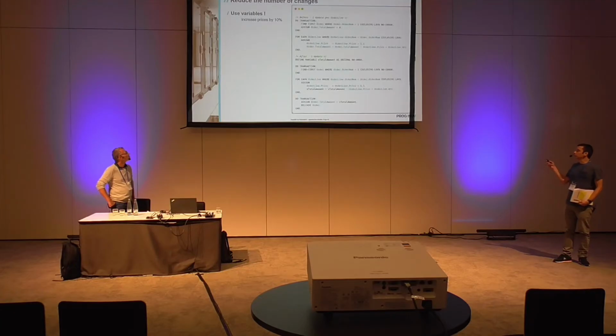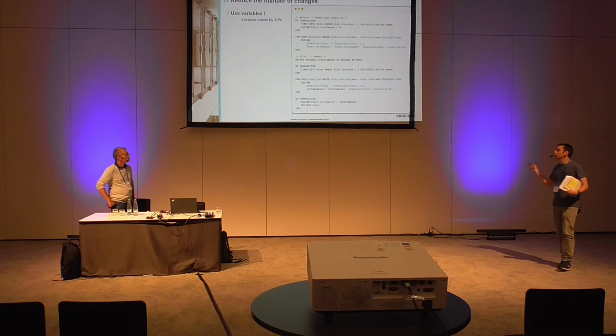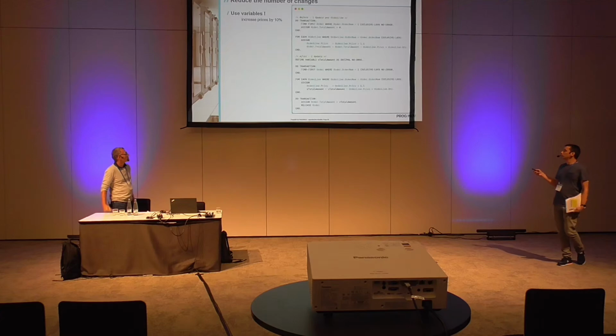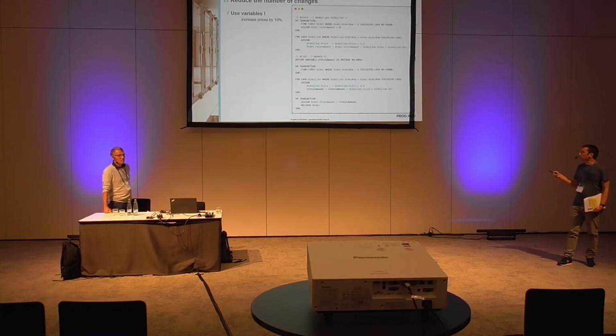So rather than update the order total amount for each order line, so if you have 100 order lines, you will have 100 updates of the order record, it's better to use a variable, update the variable, and finally update the order once at the end. So you will only have one change instead of one change per order line. It's simple, but it will improve the replication.